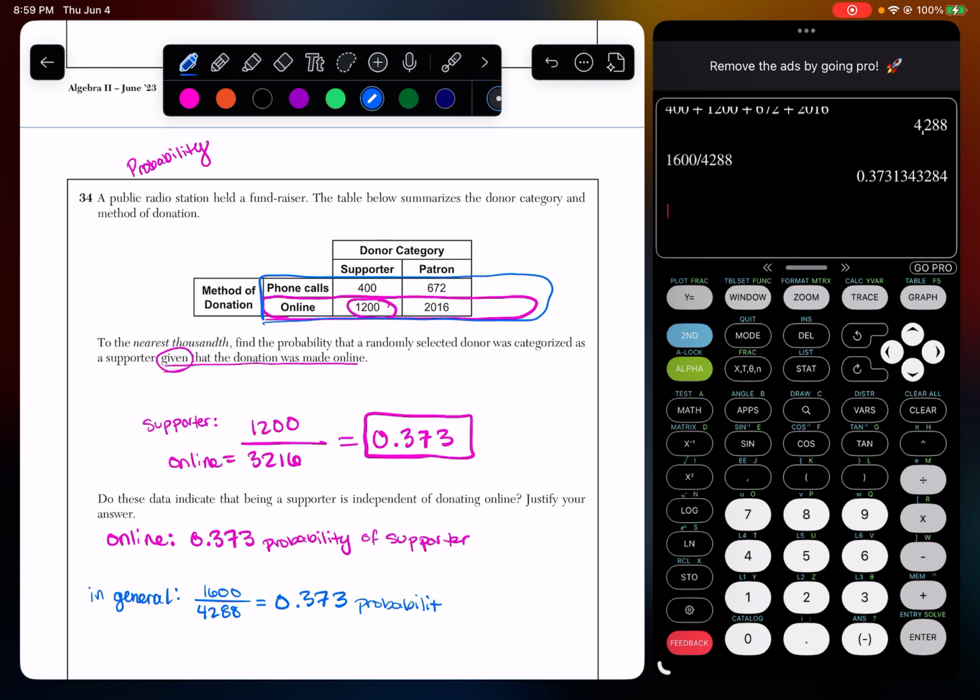So the fact that I got the same probability of being a supporter, whether I paid attention to the online patrons or not, the fact that I got the same answer both times means that those two variables are independent of each other.